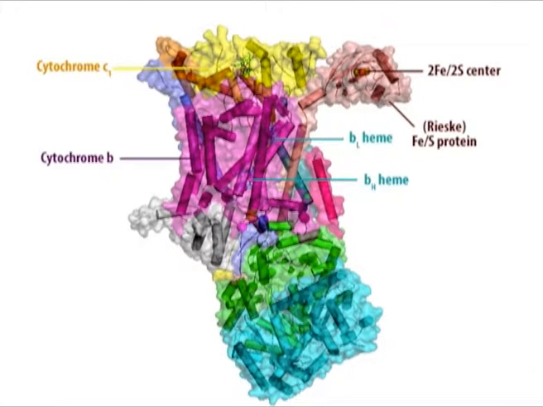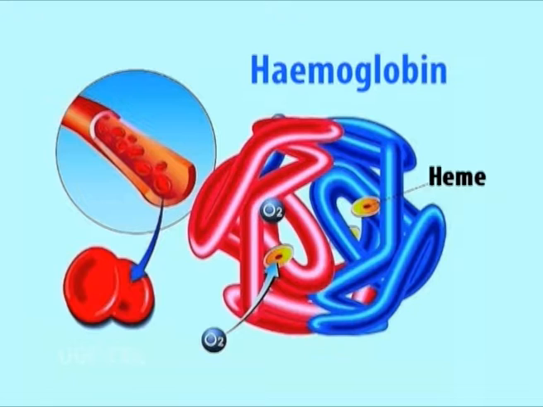The third complex is composed of cytochrome B, another FeS protein, Rieske center, 2Fe, 2S center and cytochrome C proteins. This complex is also called cytochrome oxidoreductase. Cytochrome proteins have a prosthetic heme group. The heme molecule is similar to the heme in hemoglobin, but it carries electrons, not oxygen.